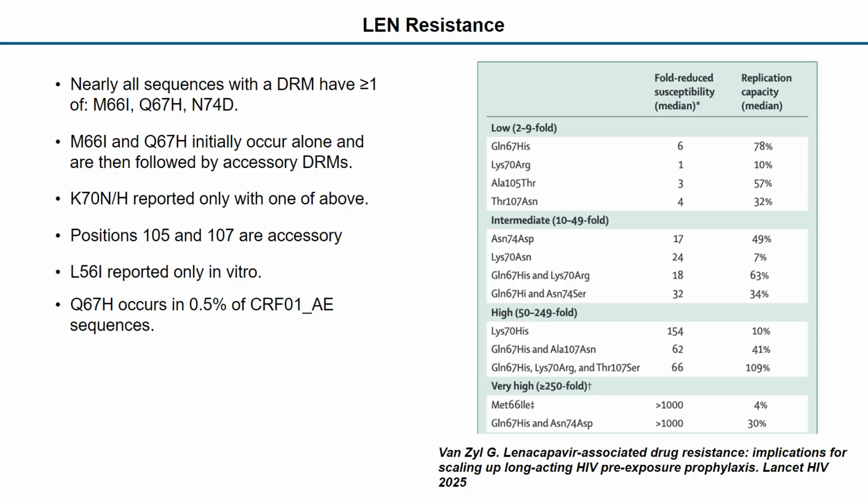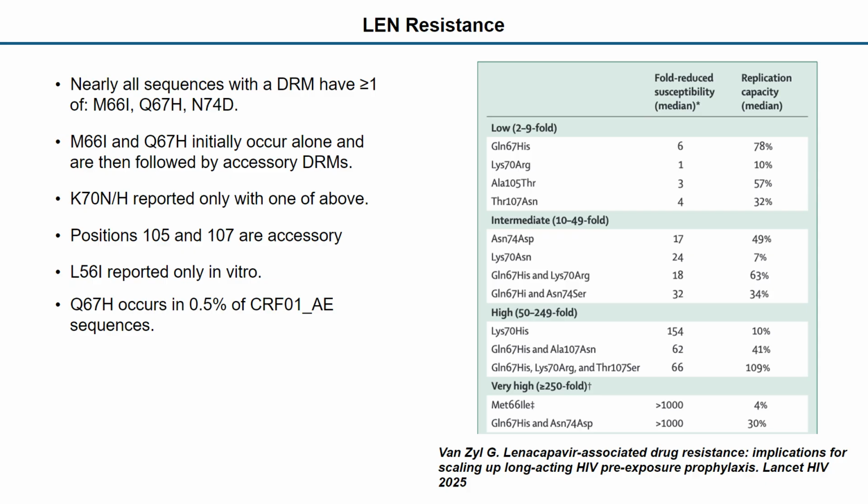N74D and K70 mutations and the combination of Q67H with accessory mutations lead to intermediate to high reductions in susceptibility, defined here as 10 to 50-fold for intermediate reductions and 50 to 250-fold for high-level reductions.